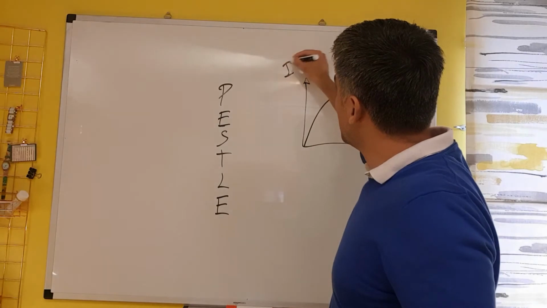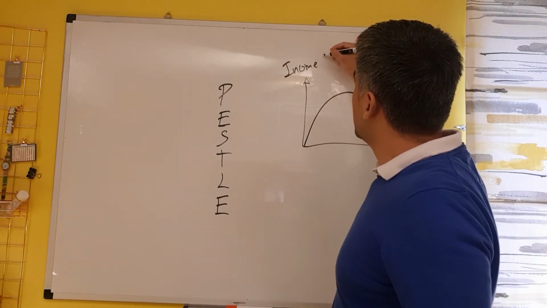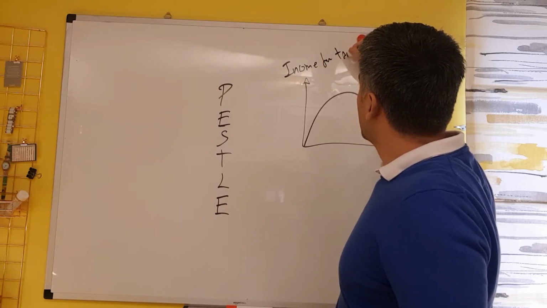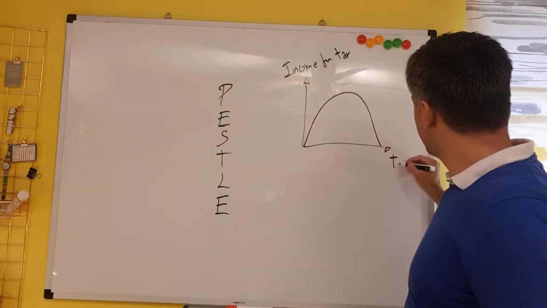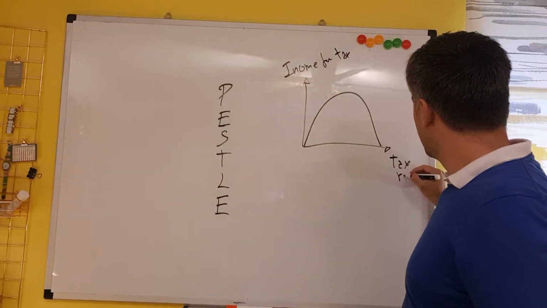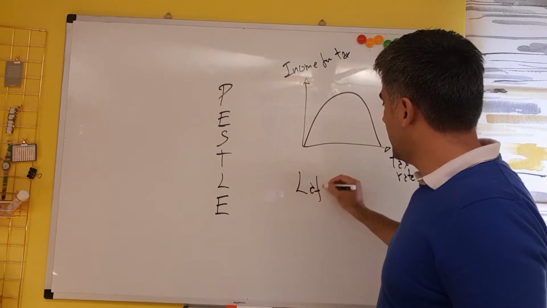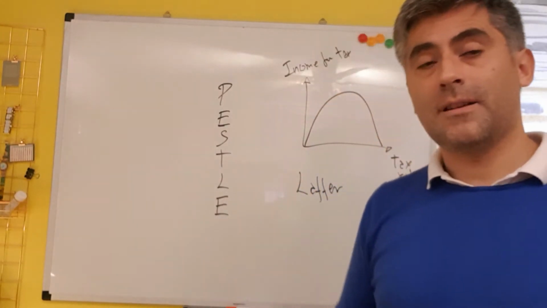So this is income from taxes, this is what the government takes. And on this side is the tax rate. And this is called the Laffer curve. Laffer, businessman, economist, still alive, very popular.